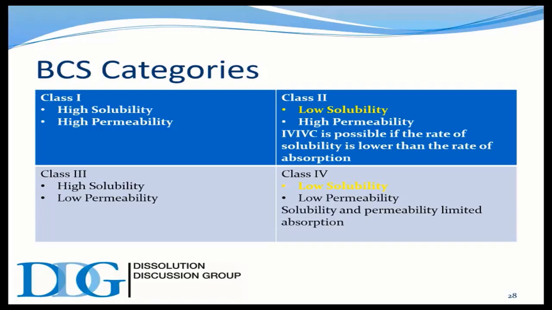But that can have a big effect on permeability depending on how fast it goes into solution. If it's not all going into solution for a long period of time, you're missing a window where a lot of this drug could permeate and actually do something. So they are hand in hand, but for the sake of discussion today, we're just looking at the solubility of the drug.